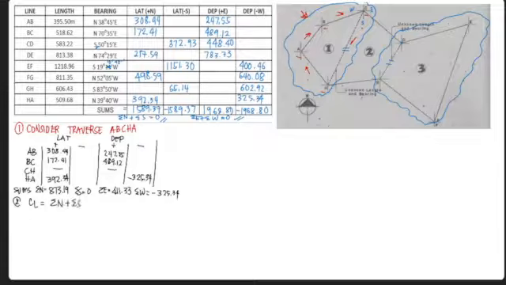Wherein the algebraic sum of our north is 873.19 plus 0. So, 873.19 meter. Since the value given is positive, therefore this is on the south. So, it confirms our figure.